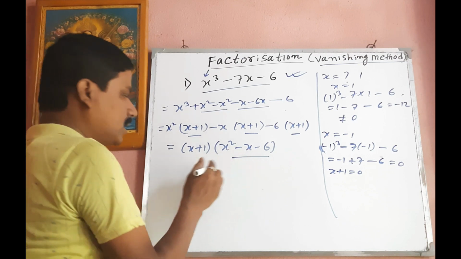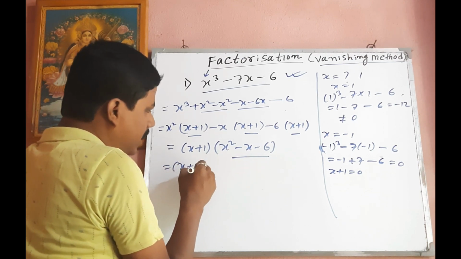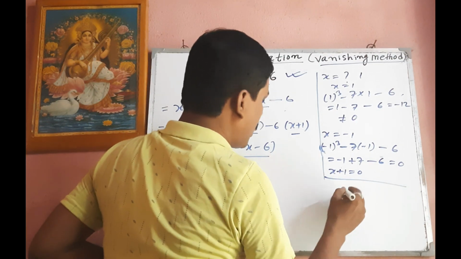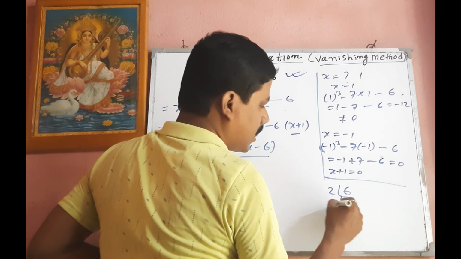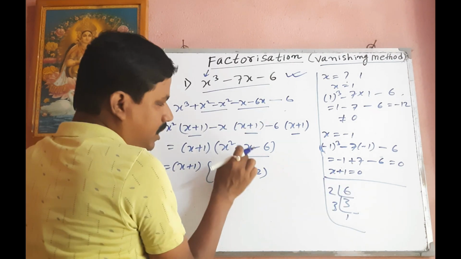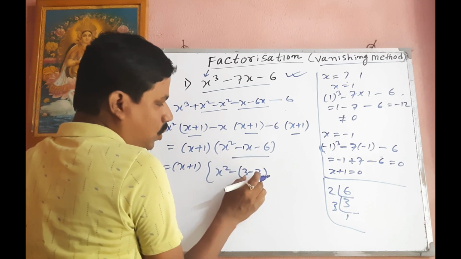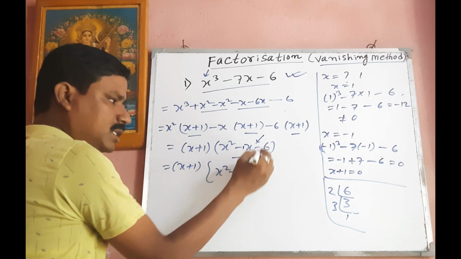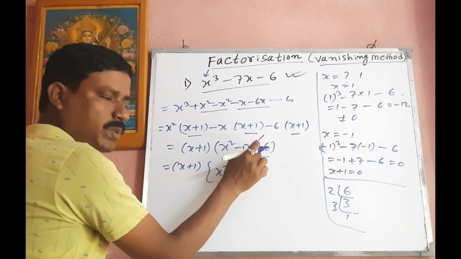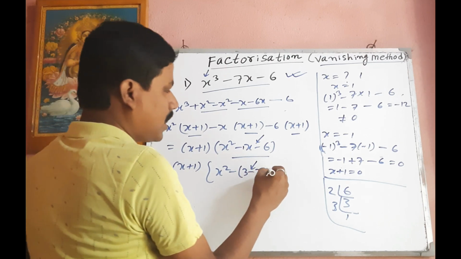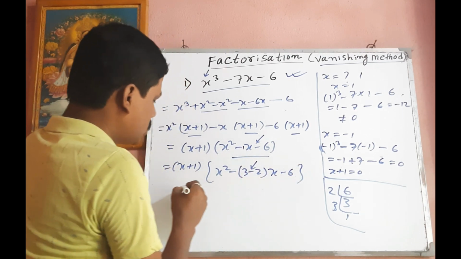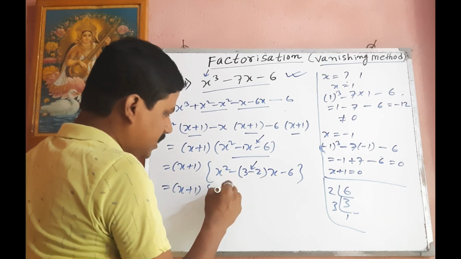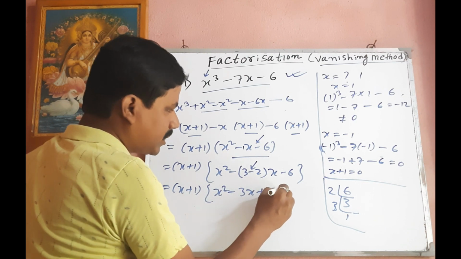Now for the middle term, if we want 6, the factors are 2 and 3, and we use these to bring 1, so 3 minus 2 is equal to 1. Why minus? Because if the sign is minus, it will be minus, and if it is plus, it will be plus. So x plus 1 and x square minus 3x plus 2x minus 6.